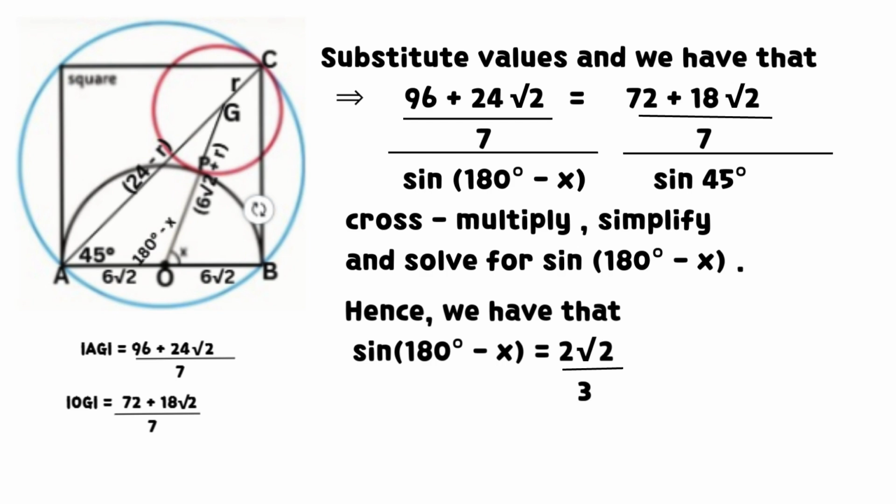Let us answer the second question. That is required to find the value of cosine x. We will use trigonometric identity to solve for cosine x since we have obtained the value of sine 180 degrees minus x.